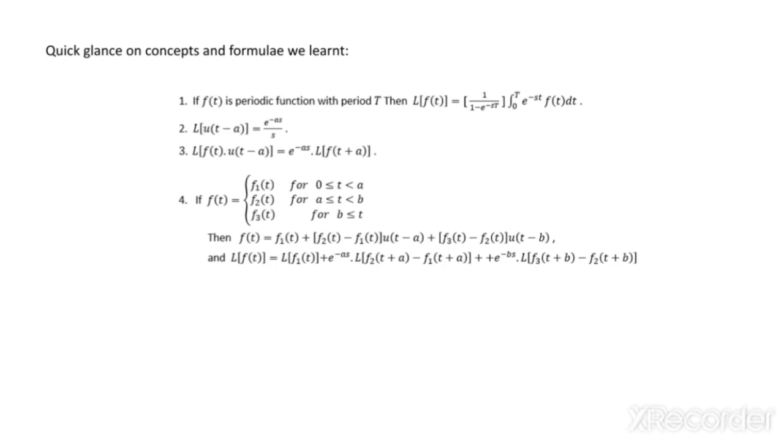In case of a discontinuous function, we have to first express it in terms of unit step function and then apply Laplace transform. By using the result which we have taken in 3, we can get the Laplace transform of those terms also. So thank you for listening patiently.